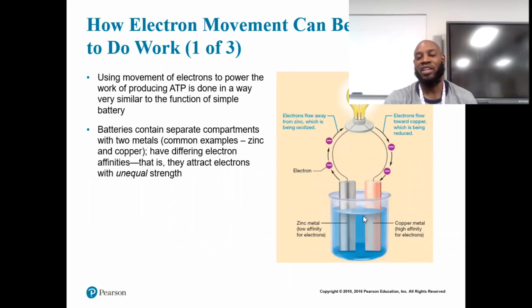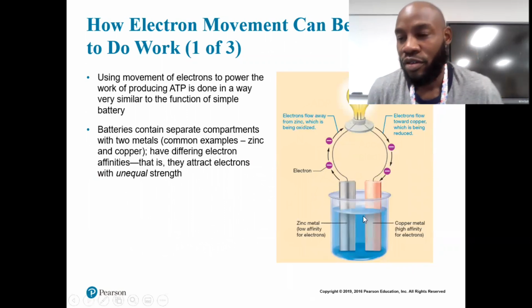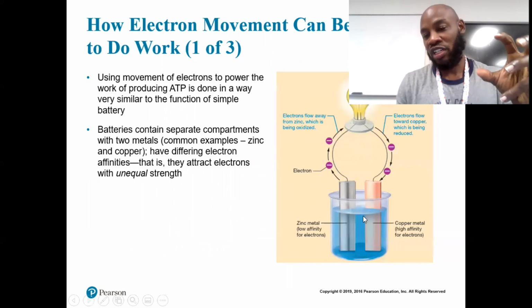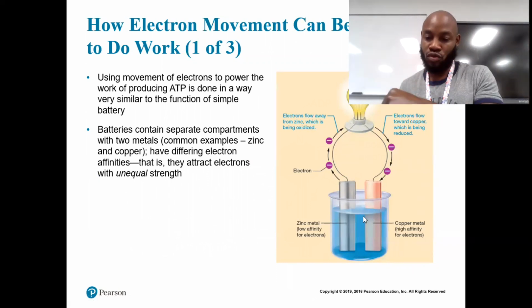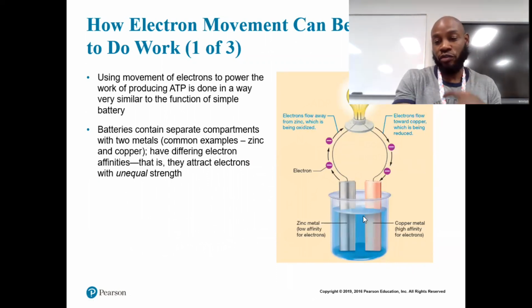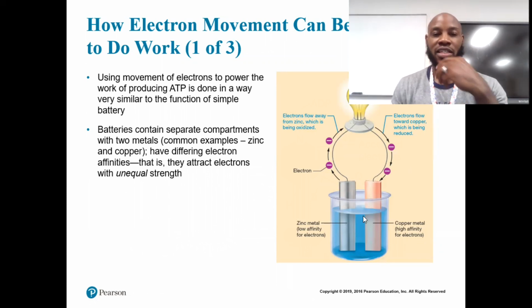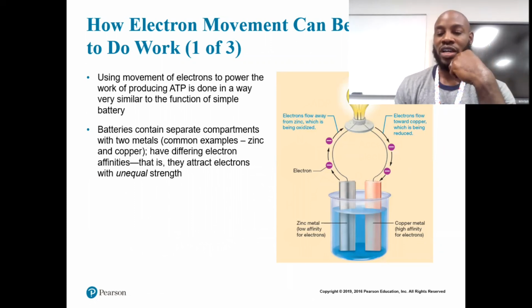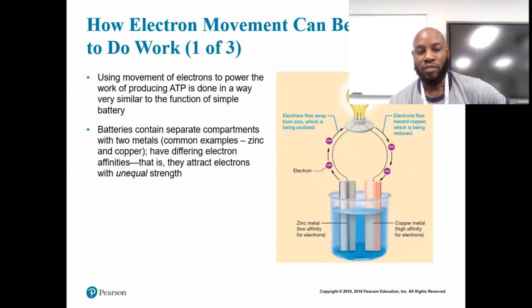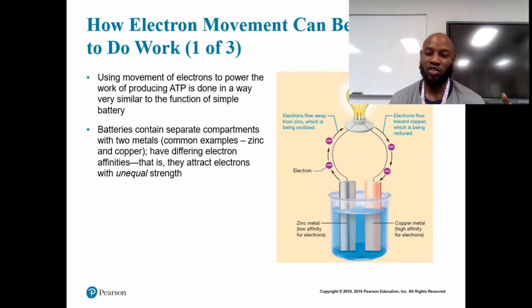How is that movement of electrons harnessed? Primarily we want to move electrons from the food we eat, so we're removing energy from the food we eat and converting it into energy in the cell. But how does that work? How can that be harnessed? And this is an example here. Basically, zinc has a low affinity for electrons, copper a high affinity. So in a battery, electrons are moving.